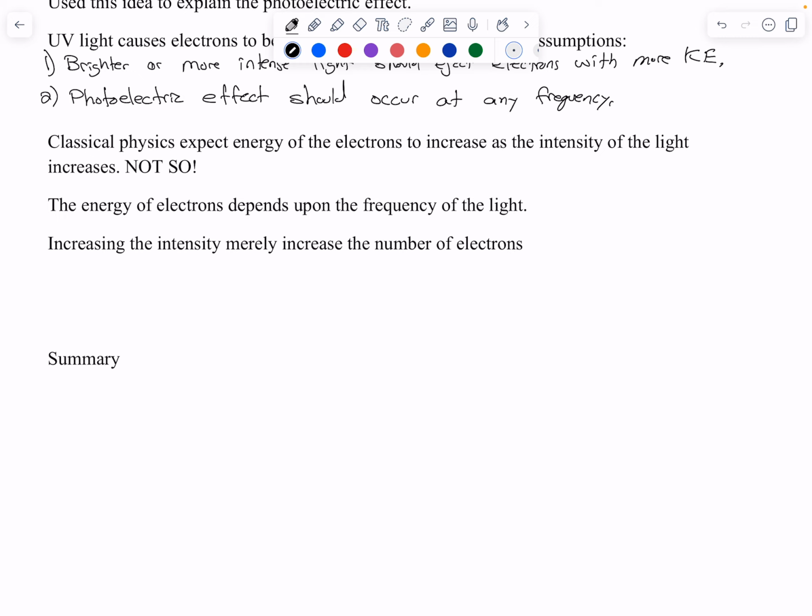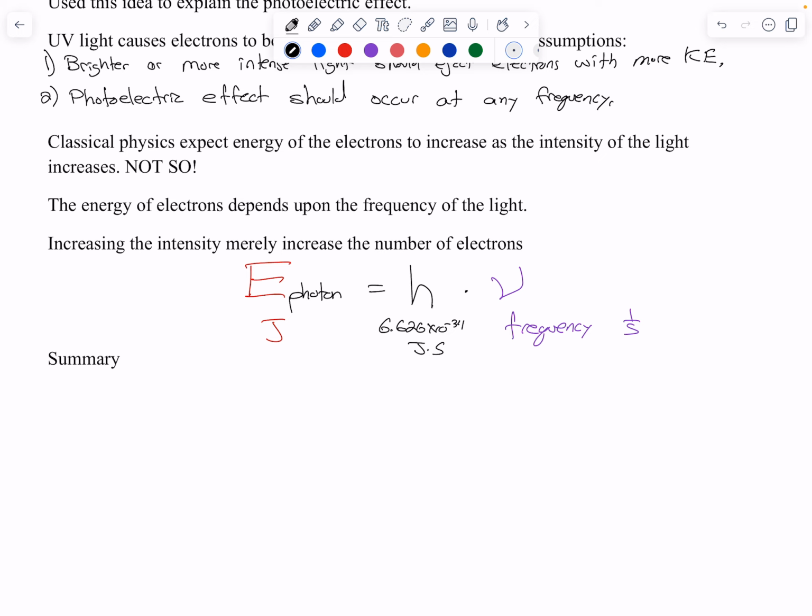Okay, so what Einstein found is that the energy of a photon is equal to Planck's constant times the frequency. Energy is in joules, and of course Planck's constant is 6.626 times 10 to the negative 34 joule-seconds.